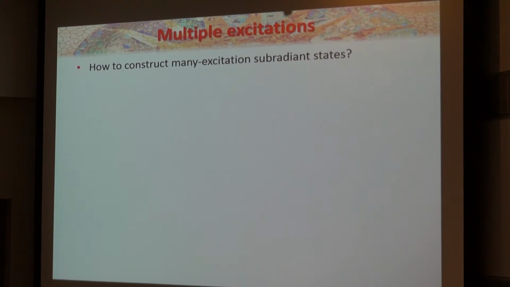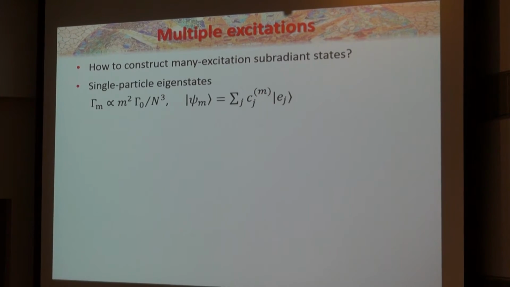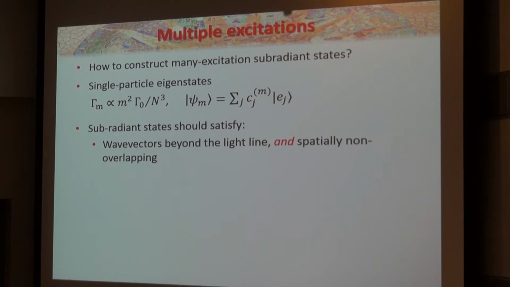So that brings up the question, how do you construct many excitation subradiant states? Again, let's start with my single particle eigenstates. M is going to be the index of how subradiant they are. So m equals 1 is the most subradiant, m equals 2 the second most, and so on. And I have some wave function amplitudes that I know for the single particle states. From intuition, we know that if I want a state to be subradiant, the wave vectors should sit beyond the light line.